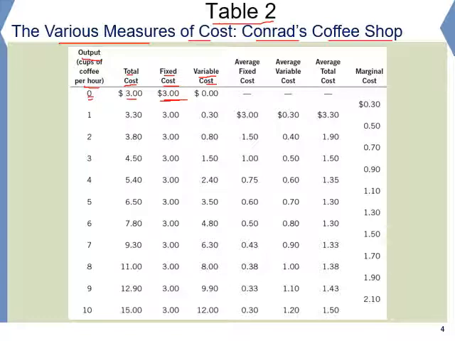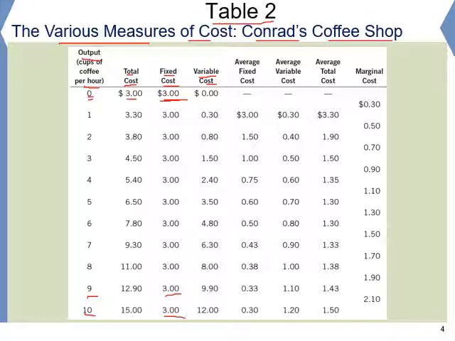Therefore, $3 would be the fixed cost for the entire production in the short run. So regardless of the number of cups of coffee produced, the fixed cost is still $3 or 3 dollars.